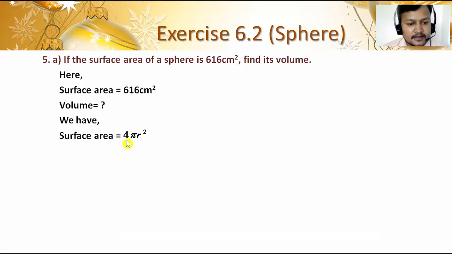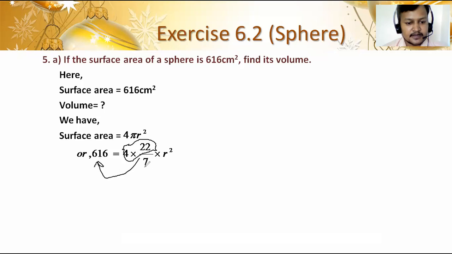Surface area is equal to 4 pi r square, and by using it, get the value of r. Surface area 616 is equal to 4 into 22 by 7 into r square. While simplifying it, you may take this 4 into 22, that means 88, in the denominator here.